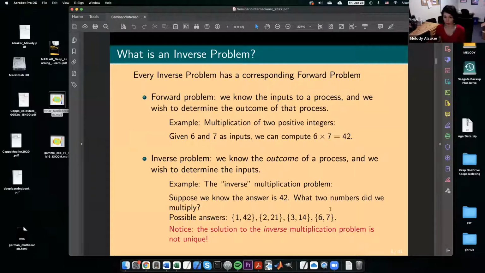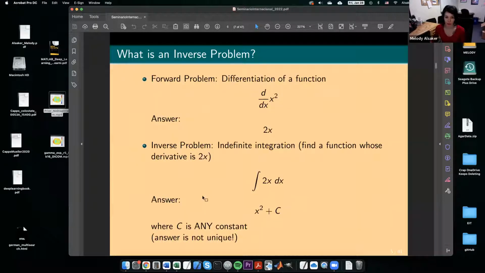If you limit yourself just to positive integers, here are some possible answers. Importantly, the solution to the inverse multiplication problem is not unique. So we can already see there's something less nice about the inverse version of this very simple problem. And that's kind of a theme in inverse problems. Inverse problems are just not as nice. They're harder problems than their forward problems.